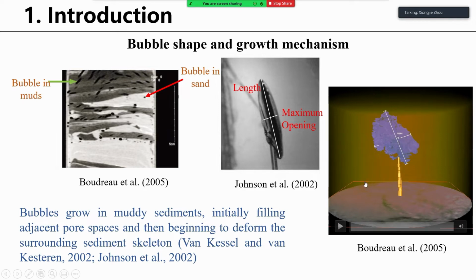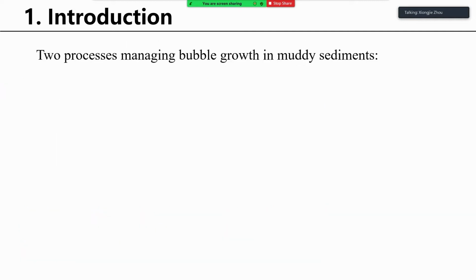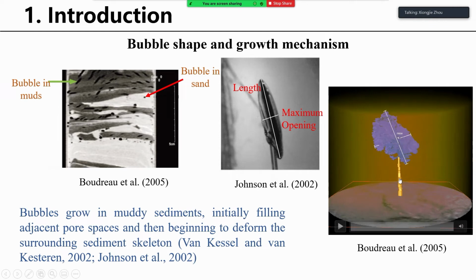This is the core specimen of the fine-grained muddy sediment, and the methane was injected from here into this sediment. What was seen in the muddy sediment is that the bubble initially fills the existing pore space and then starts deforming the surrounding sediment skeleton.